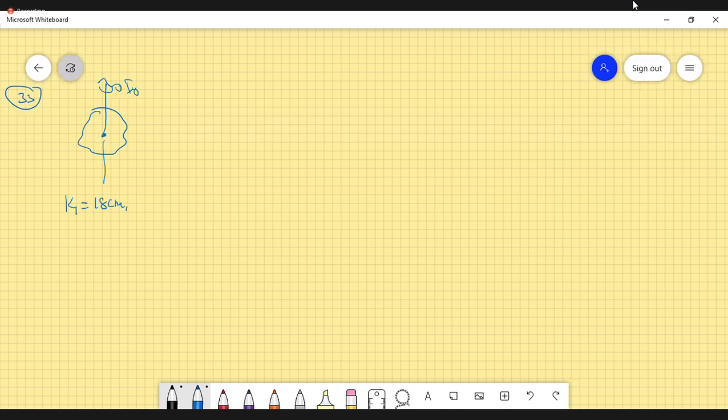If the radius of gyration of the same body is 30 centimeter about a parallel axis to the first axis, I will consider another axis, parallel to the first axis, and at this time its radius of gyration k2 equals 30 centimeter.